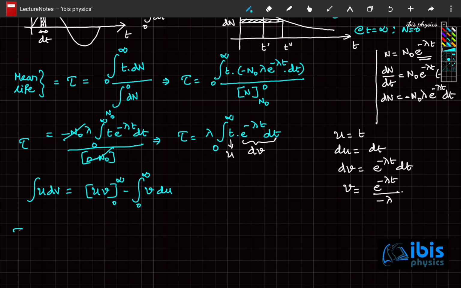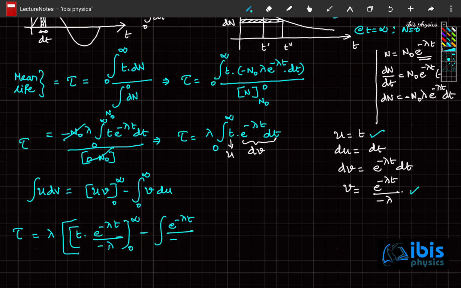But we have one lambda out, hence tau is equal to lambda times uv. U is t, v is e power this thing. So t e power minus lambda t by minus lambda, 0 to infinity, minus integral v, e power minus lambda t by minus lambda, into du is dt, 0 to infinity.